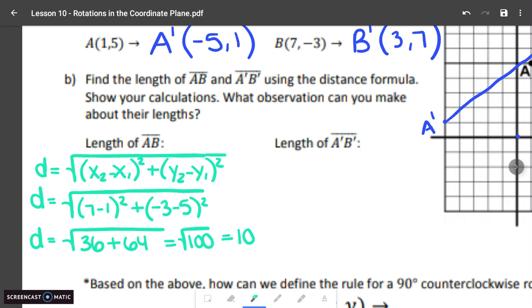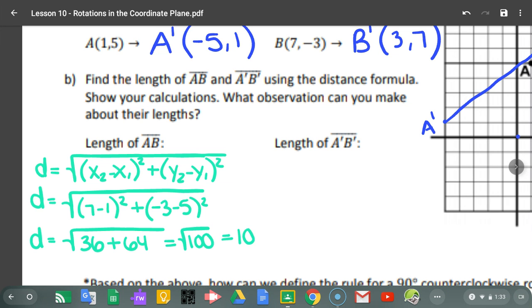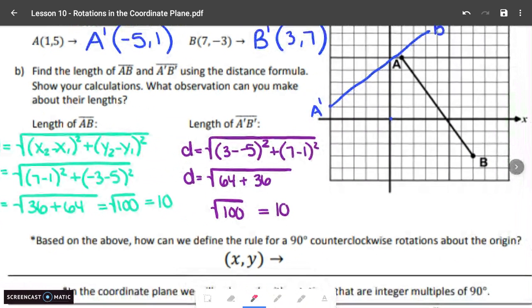Take a moment, pause the video, and do the same thing with A prime and B prime now. Welcome back. Notice that you still should have gotten the length to be 10. Even if you put your points in a different order, like you had -5 subtract 3 and 1 subtract 7, that's fine as long as you stay consistent with the points. But either way, they're both 10. Why might they both be the same length?